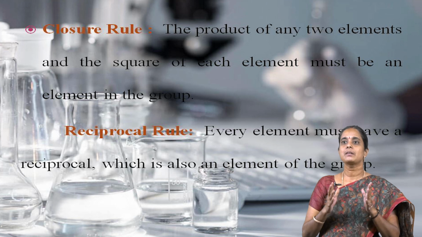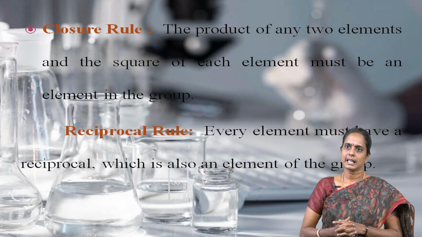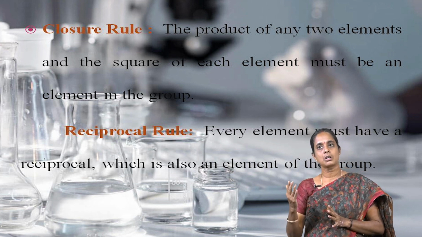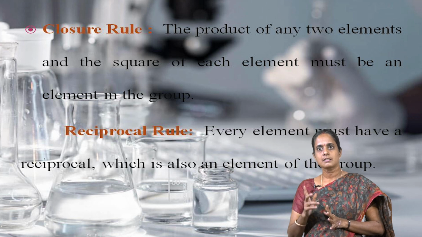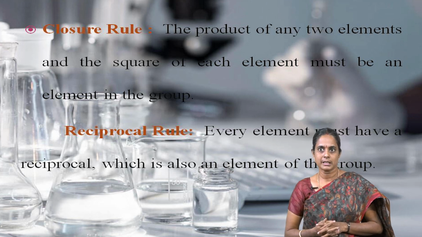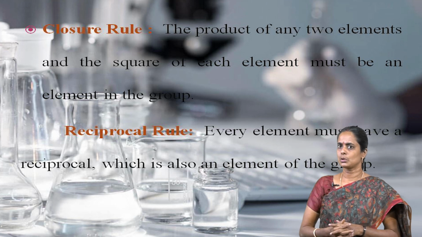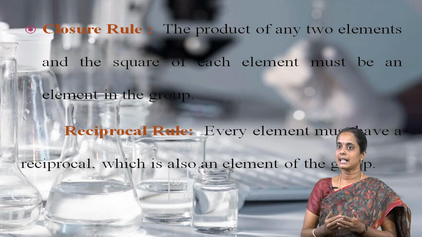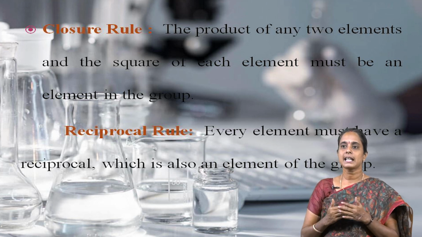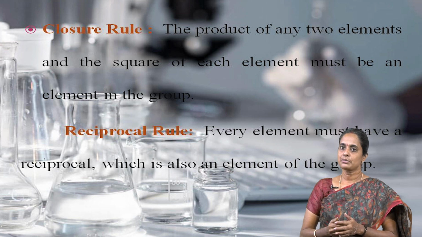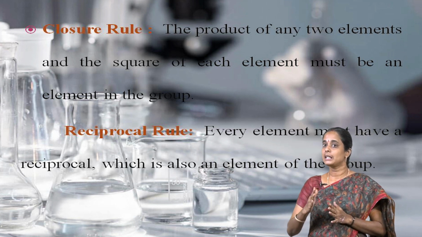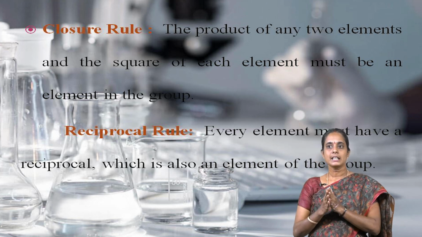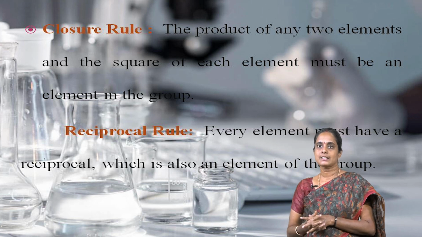That is, if A and B are group members, then AB is equal to C, or A squared is equal to D, so C and D are also group members. In the reciprocal rule, every element must have a reciprocal, that is an inverse, which is also an element of the group. If AB is equal to BA is equal to E, that is identity, then B is the inverse of A, that is the reciprocal of A.